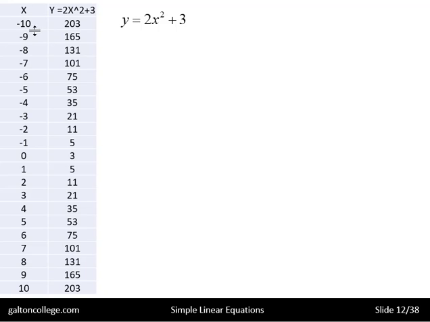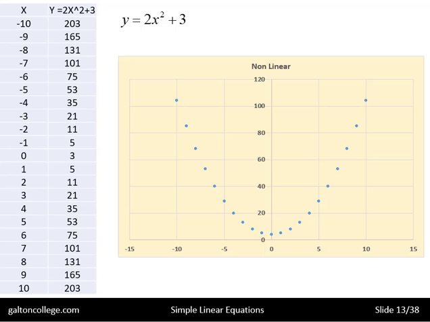It's x squared: minus 10 squared is 100, twice that is 200, and plus 3 is 203. And we do that for each one. So now if we graph y against x, we'll get a set of dots like this.